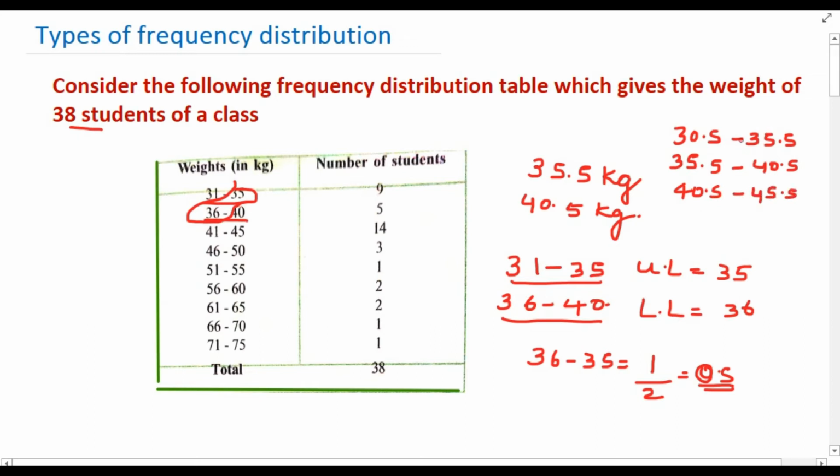Now you can see that there is no gap, all the class intervals are continuous.